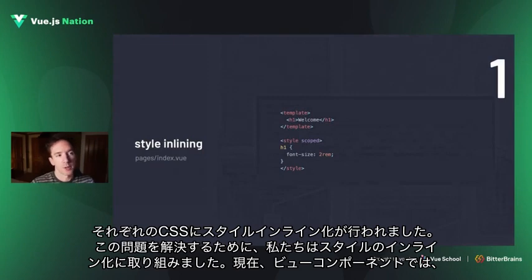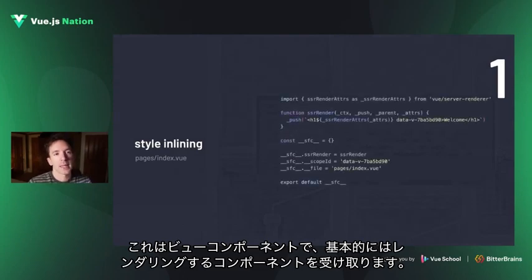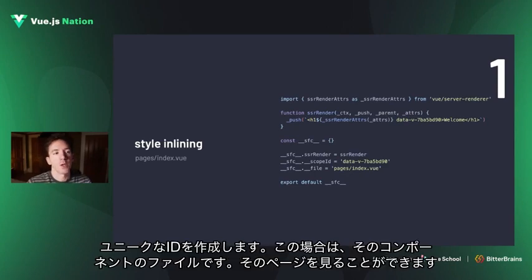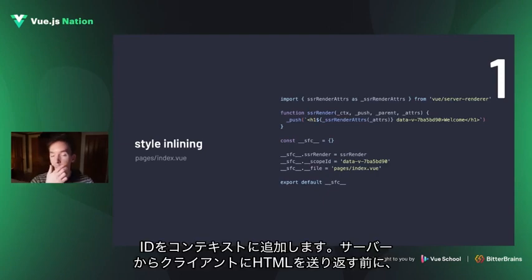Now, this is a Vue component, and basically we take the component that you're rendering and create a unique ID, which is in this case the file of that component. You can see it's pages.index.vue. And actually, when this component is rendered on the server, we attach that ID to the context.